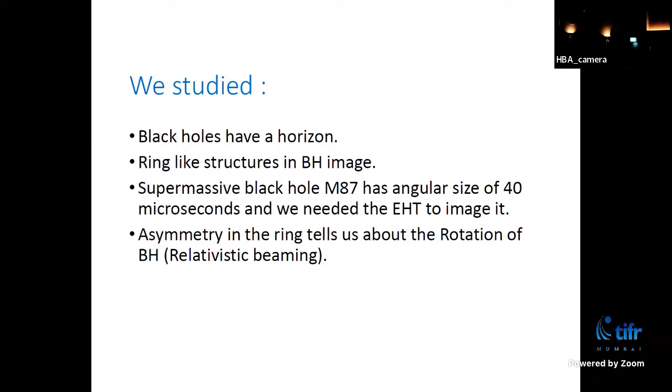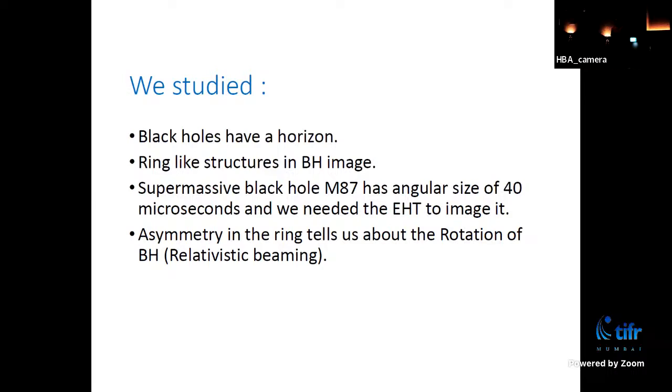That's almost what I wanted to say today, and I will just summarize whatever we discussed. We discussed that black holes have a peculiar structure called the horizon. Then we tried to see how the black holes in our universe look. We saw that due to the presence of matter around the black hole, they form accretion disks around them.